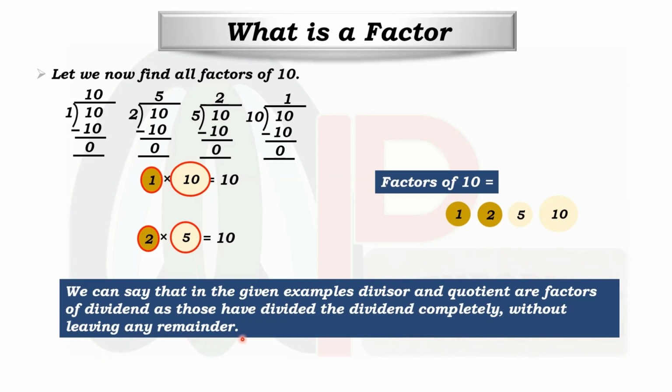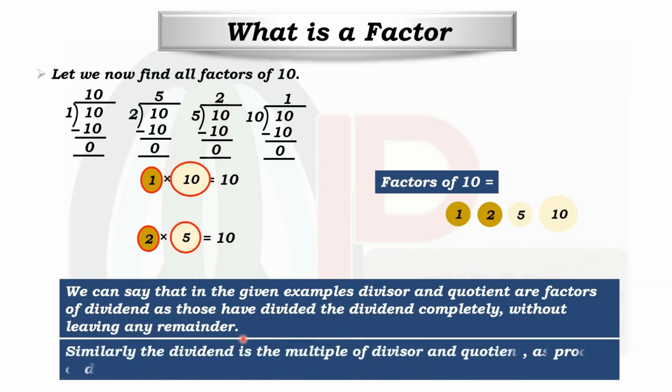And quotient is the answer. Similarly, the dividend is the multiple of divisor and quotient, as the product of divisor and quotient is equal to their dividend.